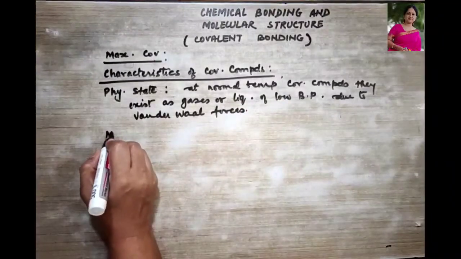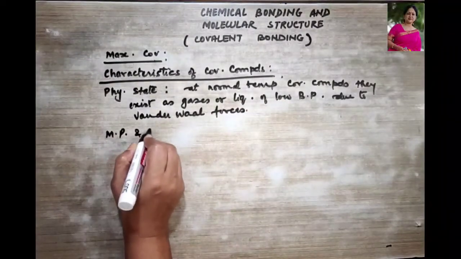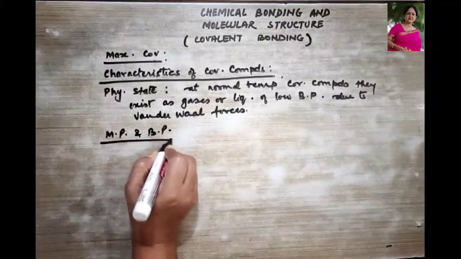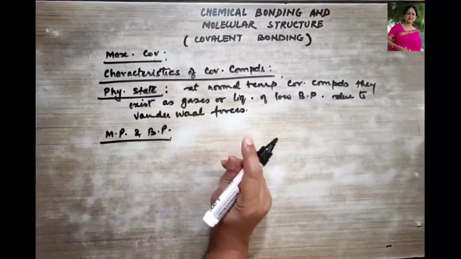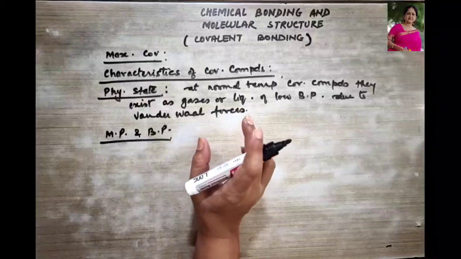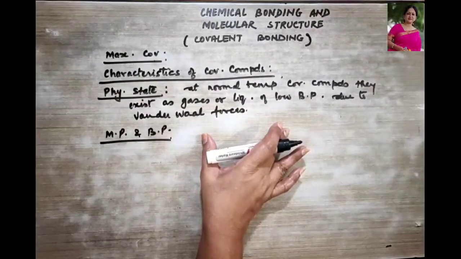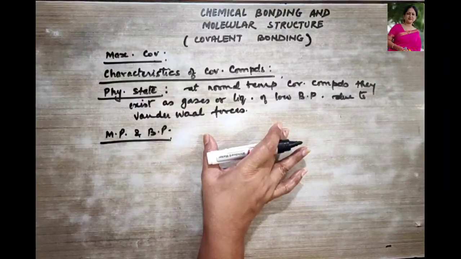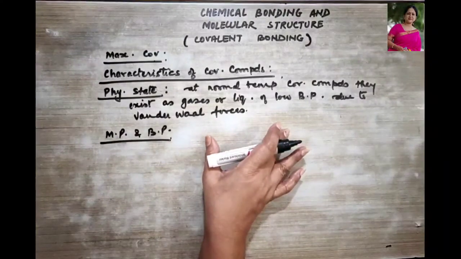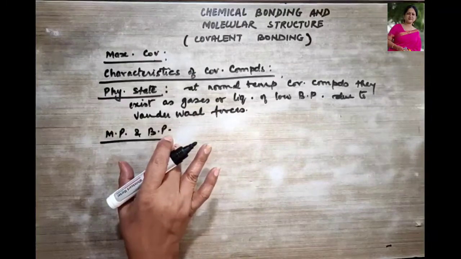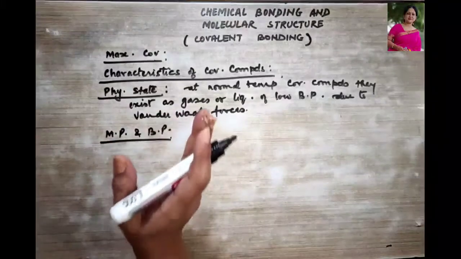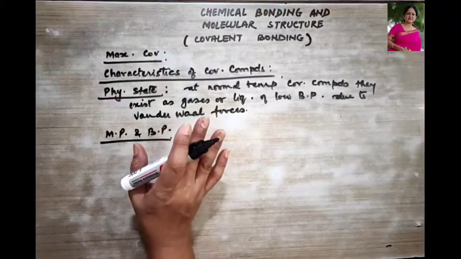Then let's talk about the melting point and the boiling point of covalent compounds. You already know that these compounds show weak van der Waal forces, right? So their melting and boiling points are lower than those of ionic compounds. Why?